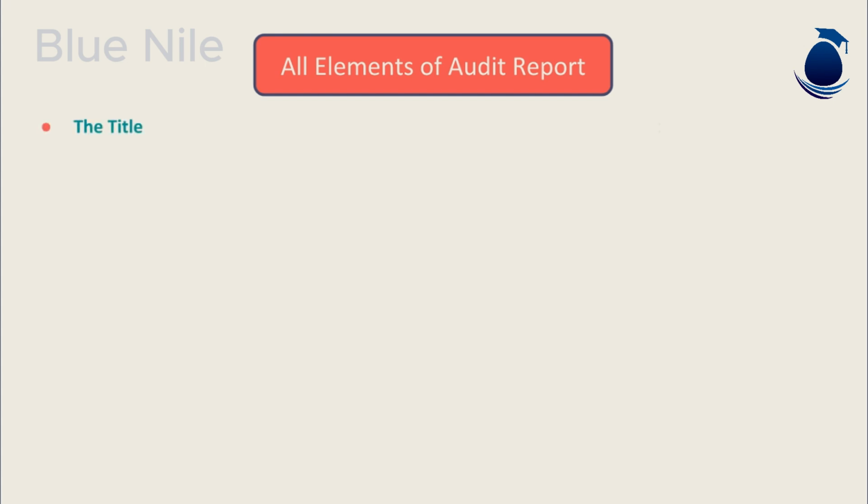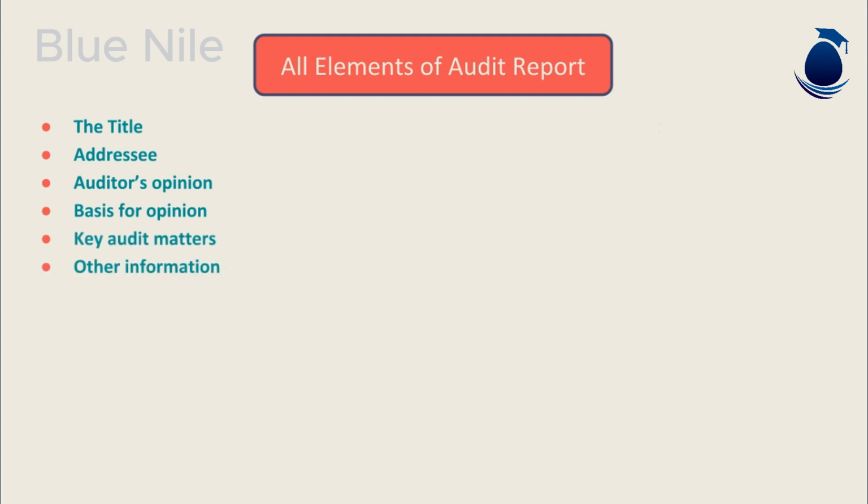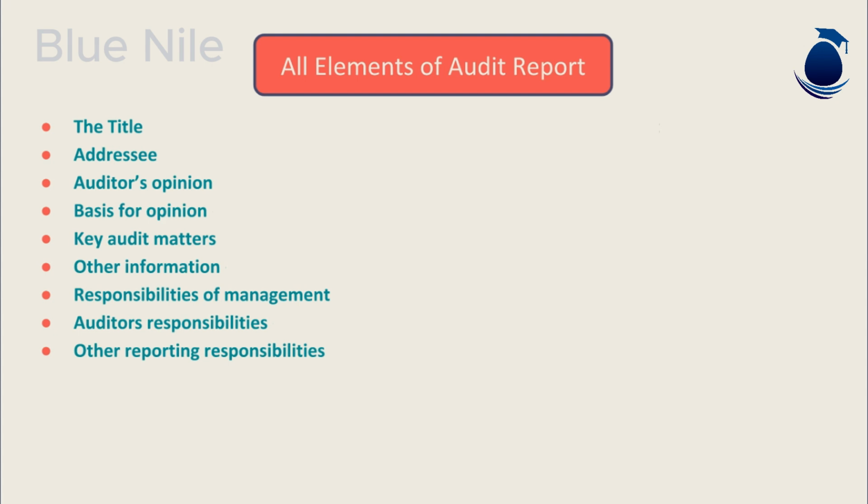The title, addressee, auditor's opinion, basis for opinion, key audit matters, other information, responsibilities of management, auditor's responsibilities, other reporting responsibilities, the name of the engagement partner, signature, auditor's address, and date.